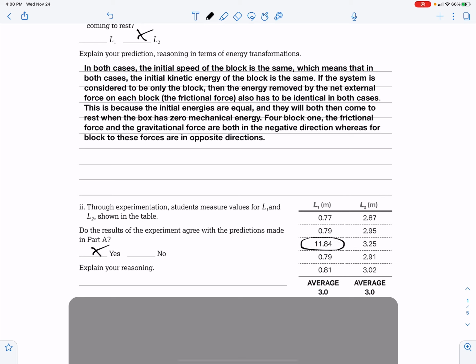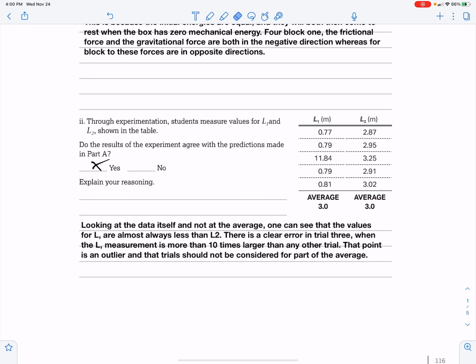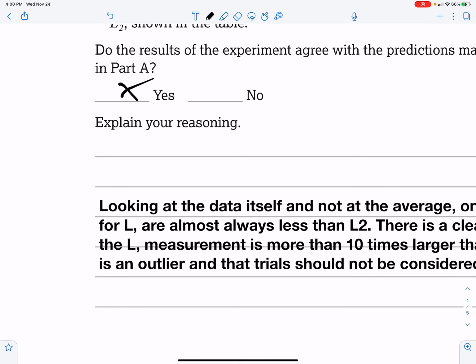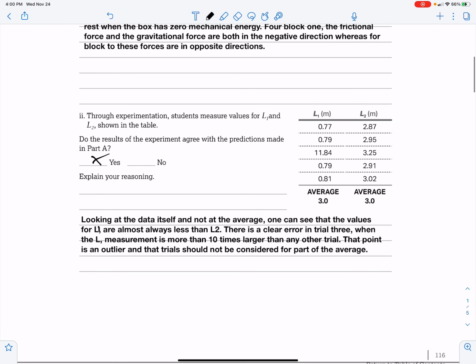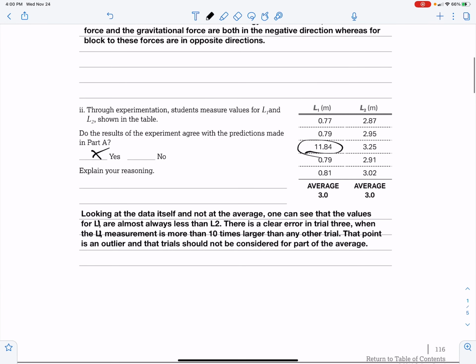Now the exception, of course, is right here with this third trial. Let's talk about that in our reasoning. Looking at the data and not at the average, we can see that the values for L1 are almost always less than L2. Obviously, there is an error right here in the third trial, where the measurement of L1 is almost 10 times larger than any other trial.